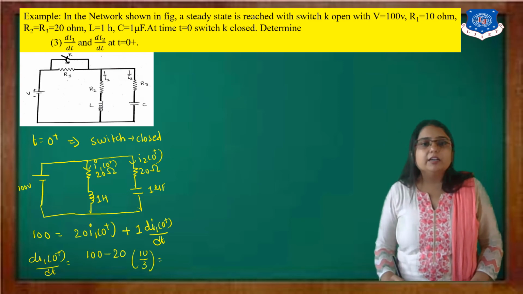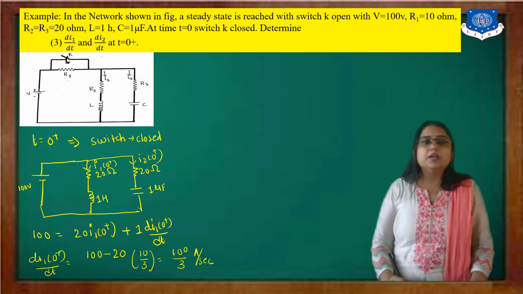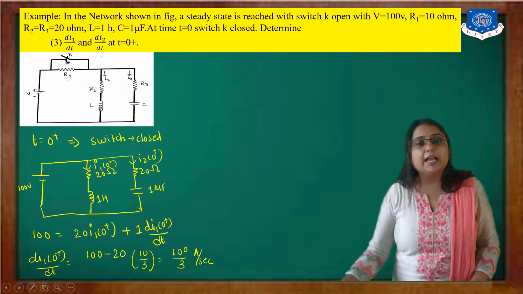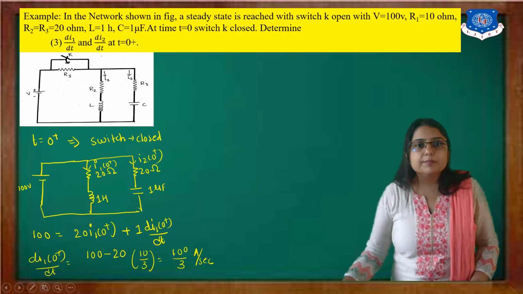So that is 300 minus 200, that is 100 divided by 3. But the unit is what? It's ampere per second. So this is the value of di1/dt at time t equal to 0+.